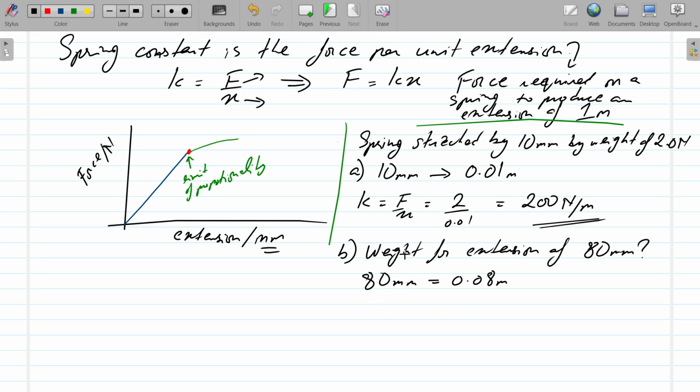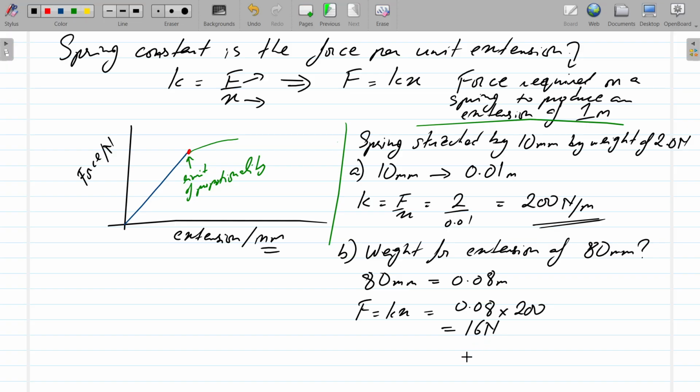Then weight is a force, so we move around F equals kx, which means you have, sorry, 0.08 is the extension and 200 newton per meter is the constant. And so 200 multiplied by 0.08 is going to give you 16 newtons.